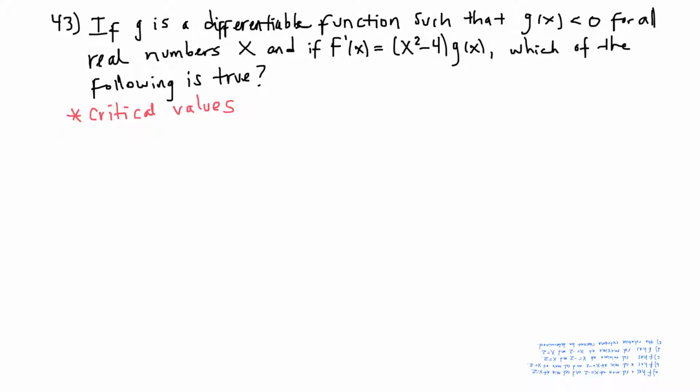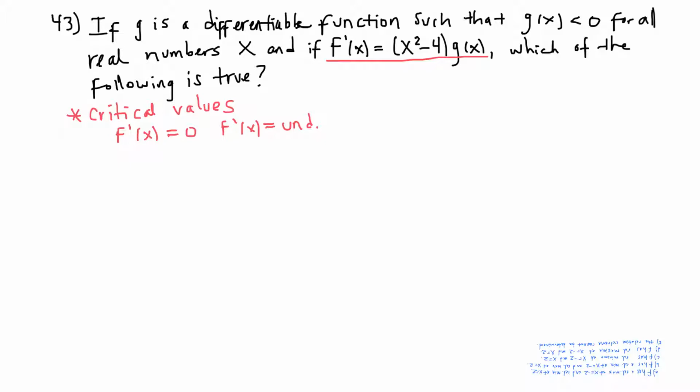Well, the answer choices are talking about f, so I need to take f prime and set it equal to 0, or f prime and set it equal to undefined. And what is f prime? Well, they gave us f prime.